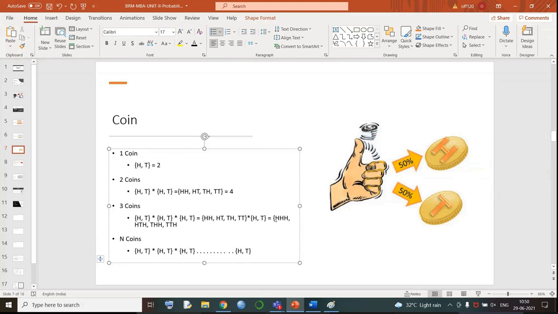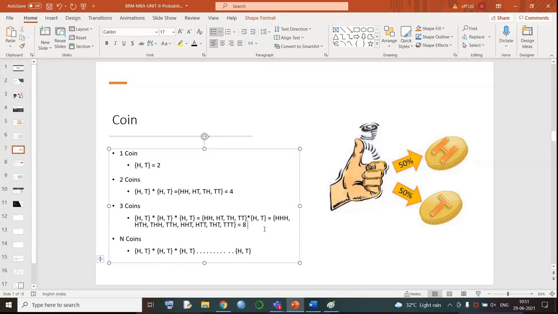I have done that, meaning I multiplied this head with these outcomes. Now multiplying with tail, I get both heads with a tail; next head, tail, tail; next tail, head, tail; and all 3 tails. Now let us count: 1, 2, 3, 4, 5, 6, 7, 8. That is equal to 8.